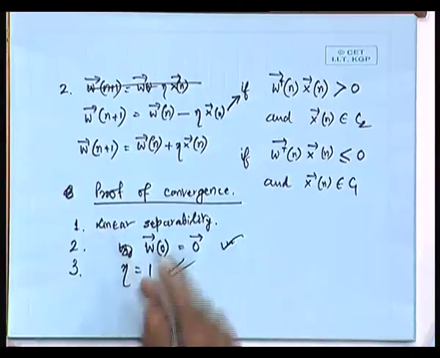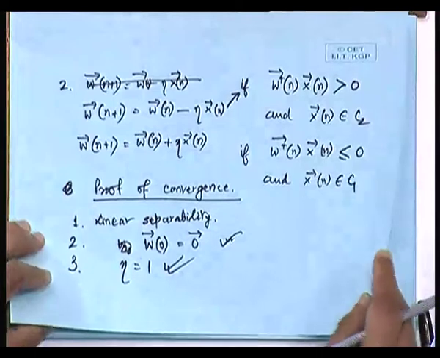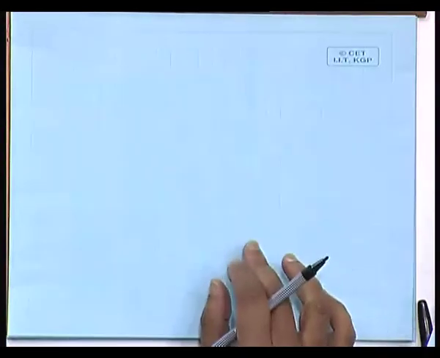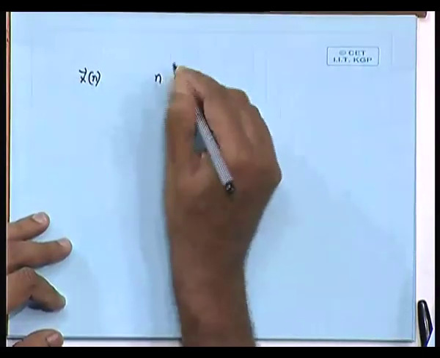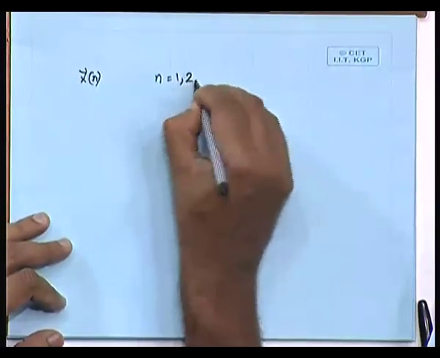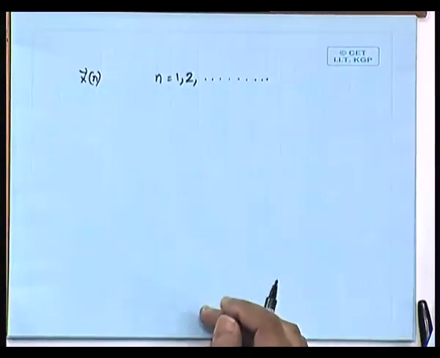Okay. So, now let us see how we arrive at the proof. Let us suppose that we keep on feeding the patterns xn, starting with n equal to 1, 2, etc. Initially, let us say that it is doing misclassifications.